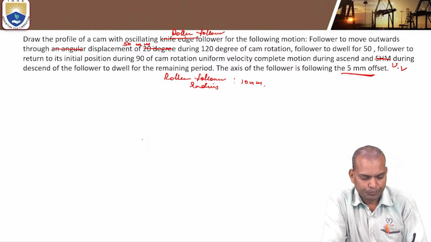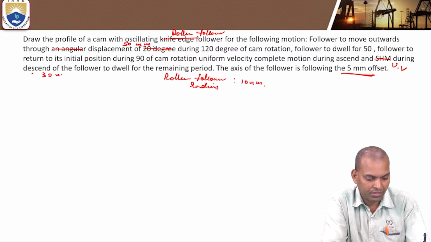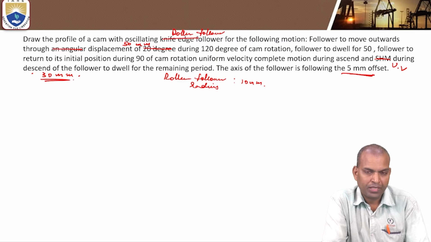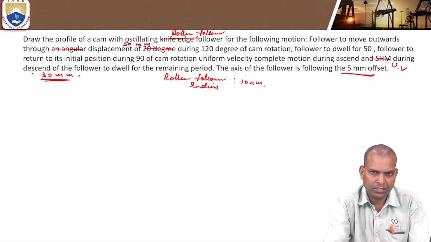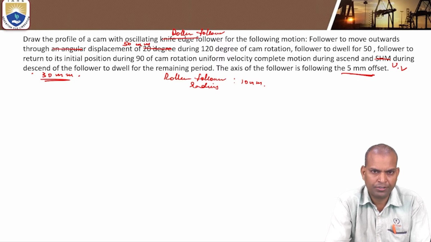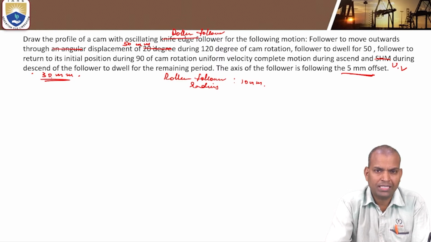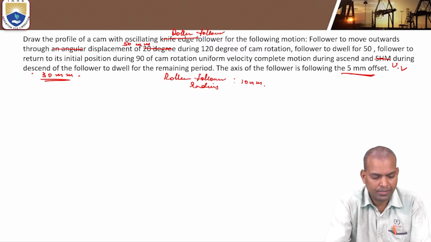Okay, let us begin. First, the minimum radius of the cam considered here is 30 millimeters. If it is not given, assume any value, 30 millimeters or 25 millimeters according to your convenience, but you have to mention that assumption. That assumption is 30 millimeters.